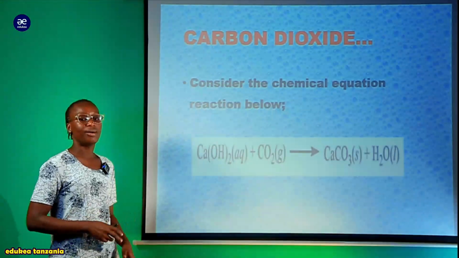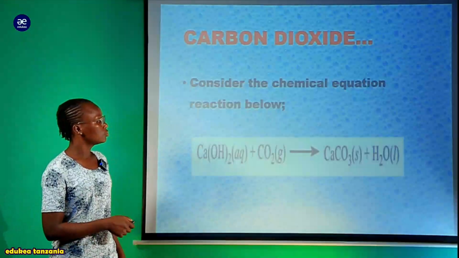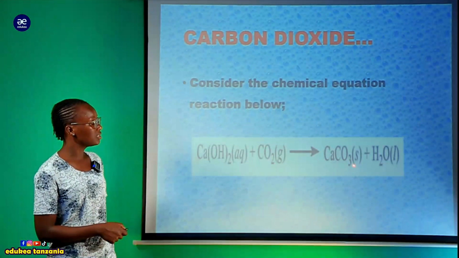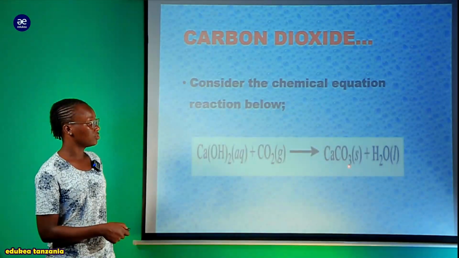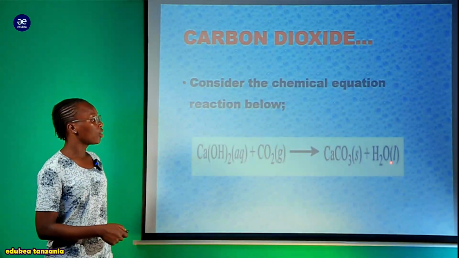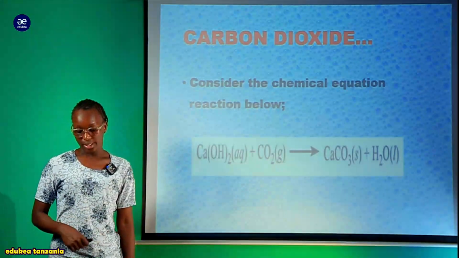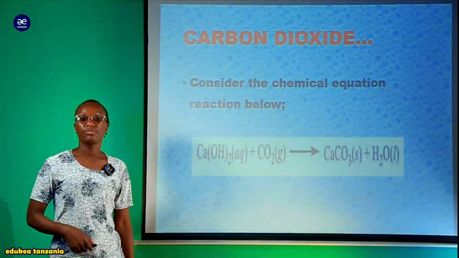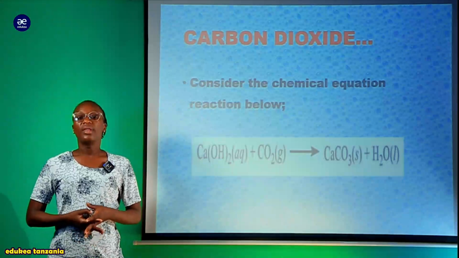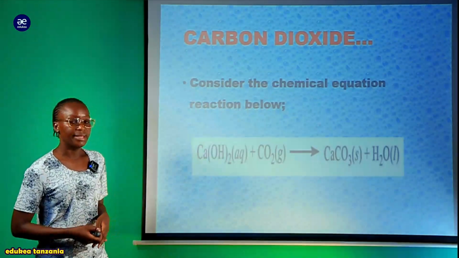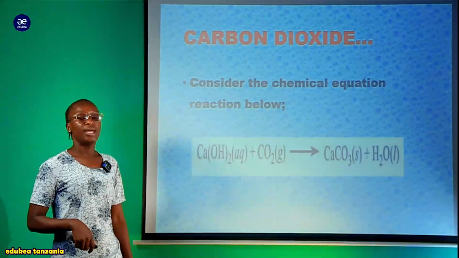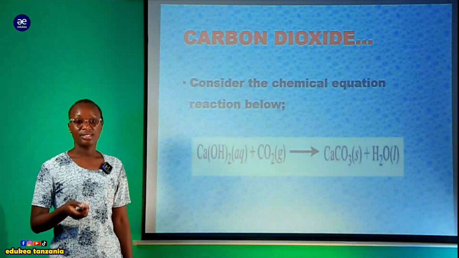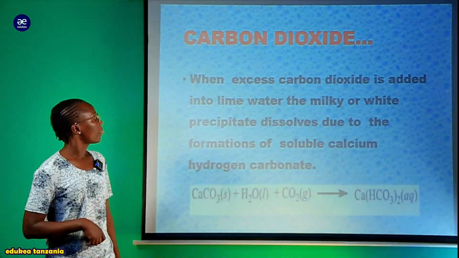Once they are bubbled together and combine, we get calcium carbonate, a salt in solid form, and we also get water. So the formation of this precipitate of calcium carbonate will indicate that there is carbon dioxide within that substance.